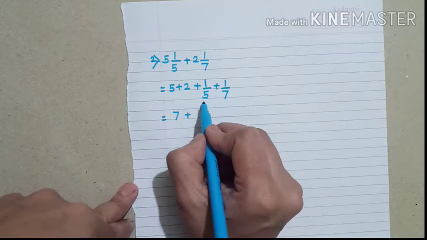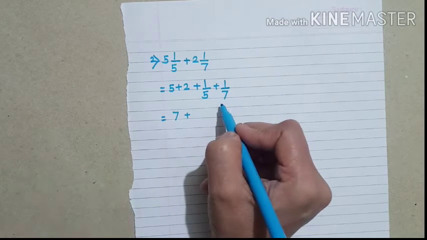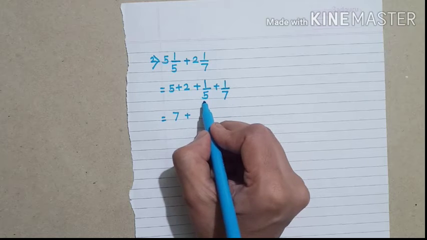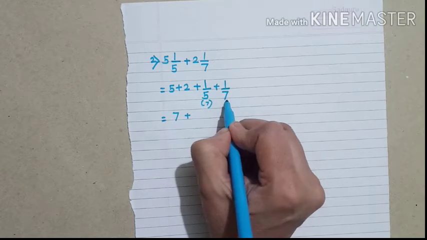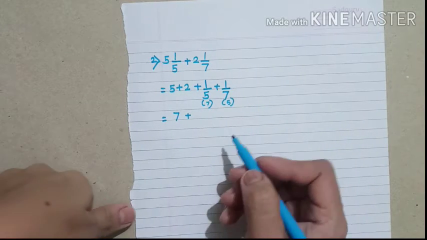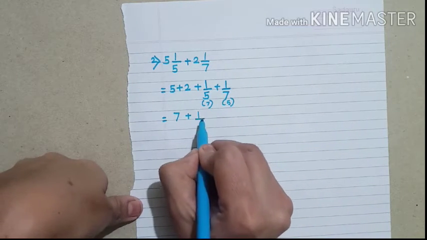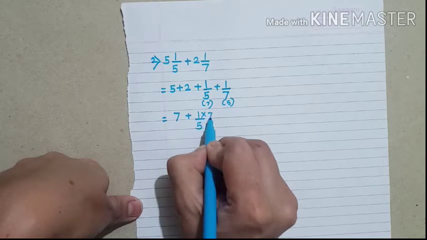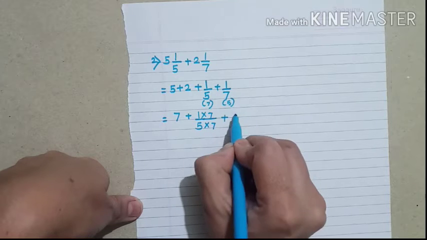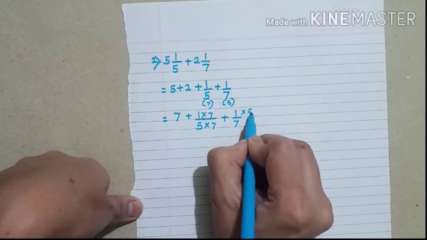We can make these fractions like by multiplying this fraction by 7 and this fraction by 5. We can also call this cross multiplication. So 1 upon 5 is multiplied by 7 and plus 1 upon 7 is multiplied by 5.